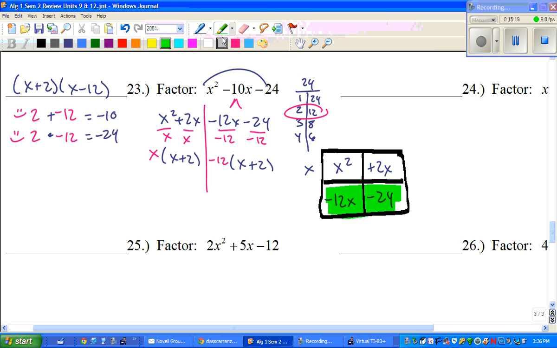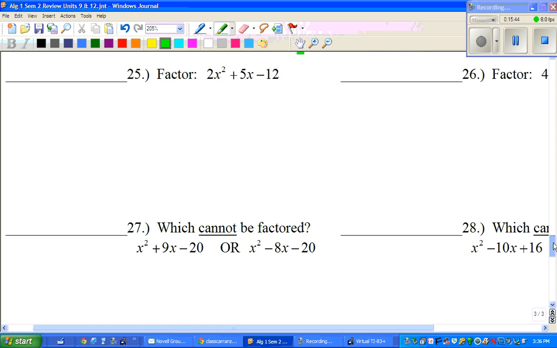The GCF of the bottom is negative 12. The GCF of the left side is x, and the GCF of the right side is positive 2. And what do you know? What are we left with? Our two binomials. Okay? So it's whatever way you feel most comfortable doing.